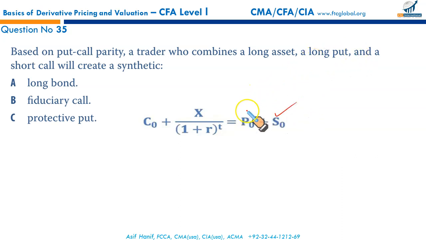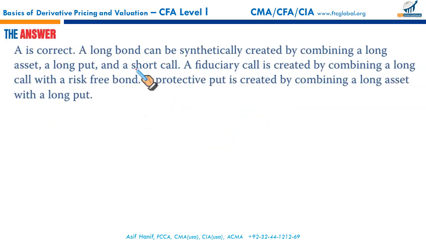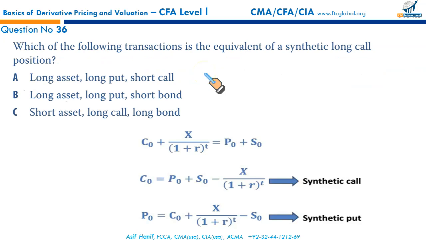Basically he will create a synthetic long bond, A. Next, which of the following transactions is equivalent to a synthetic long call? You would know from your readings overview: it's long asset, long put, and short bond. This will give you a synthetic call. That makes B the correct option.